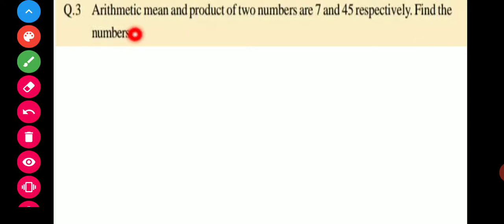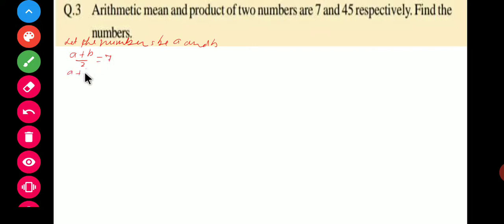Come to the third question. Arithmetic mean and product of two numbers are 7 and 45 respectively. Find the numbers. How can we find the numbers? Let the numbers be A and B. According to the question, arithmetic mean, that is (A plus B) upon 2, is given as 7.